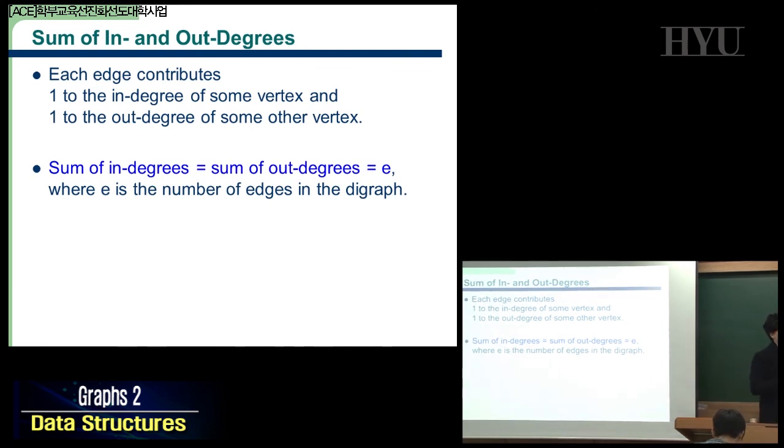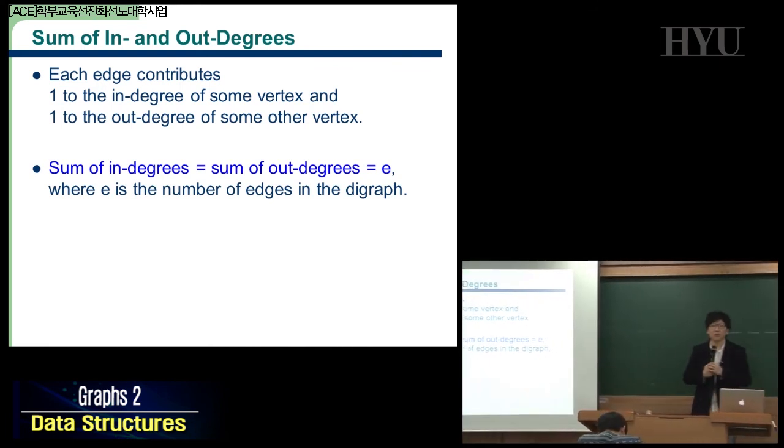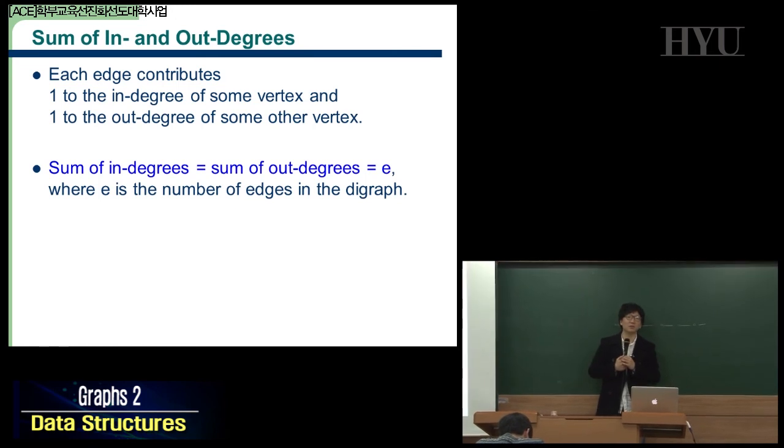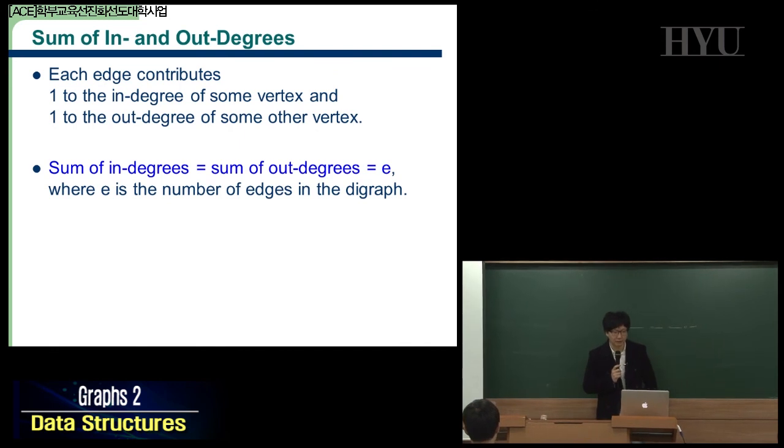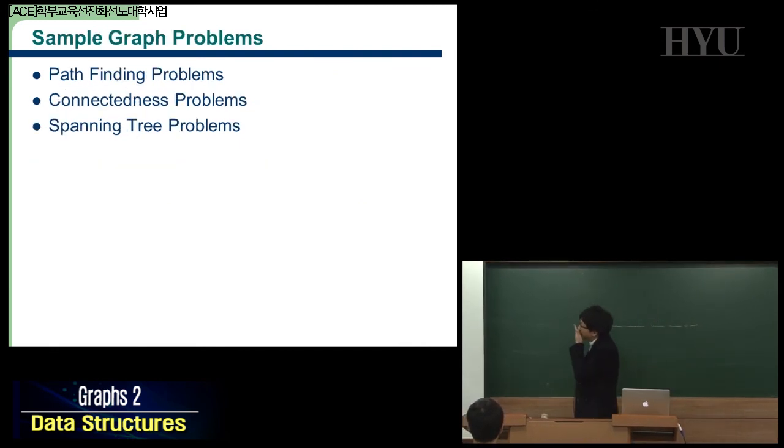The sum of the degrees of an undirected graph is 2 times E. So these are what the problems look like.